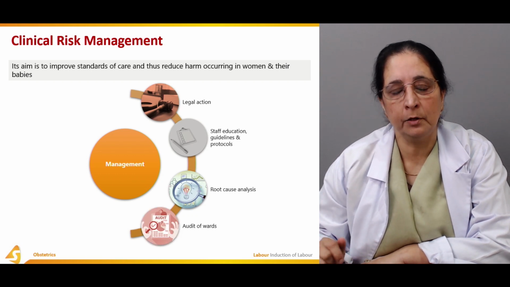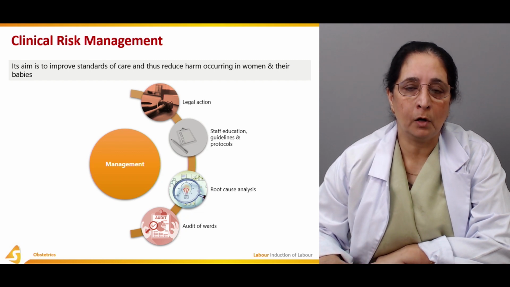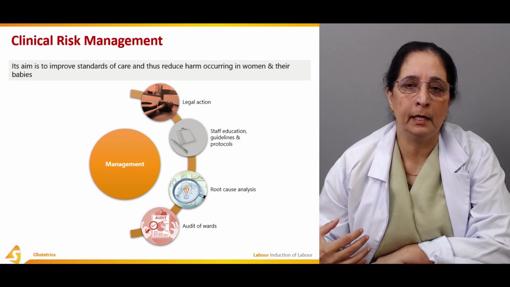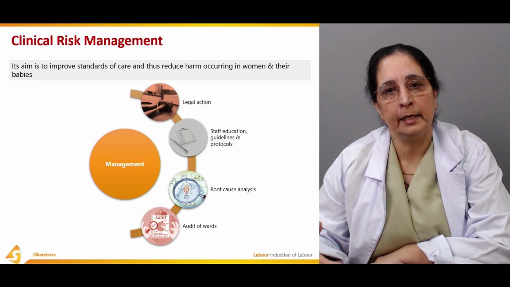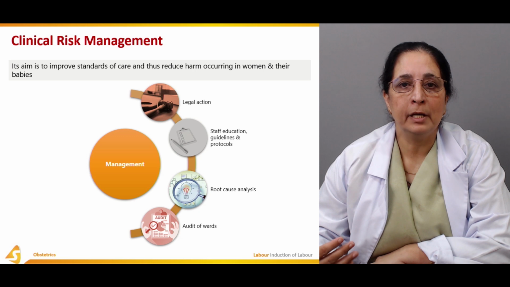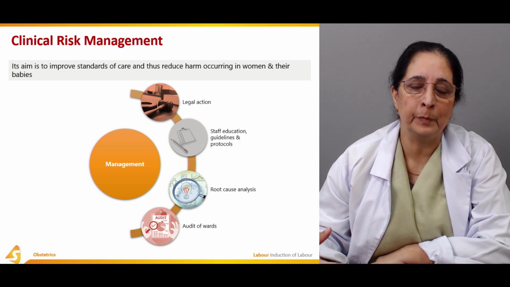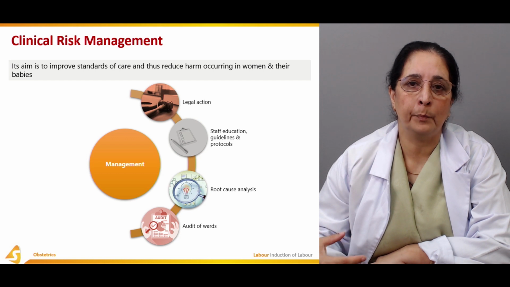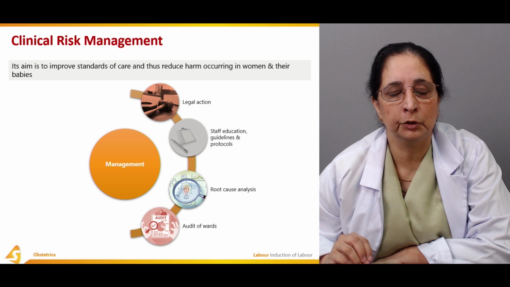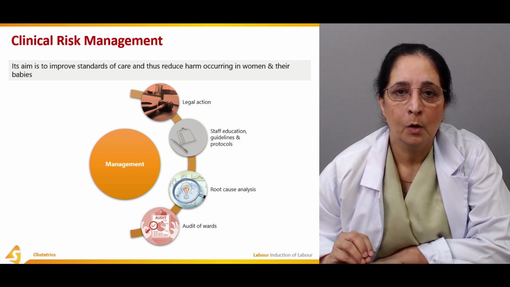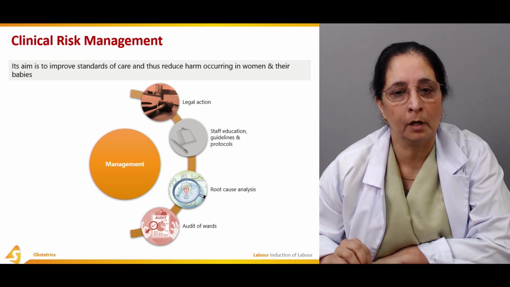And then audit of the wards is important, because without audit, in future they won't take care and won't improve their standards or their management, unless they have proper audit of the wards to see whether their management steps are good or not.